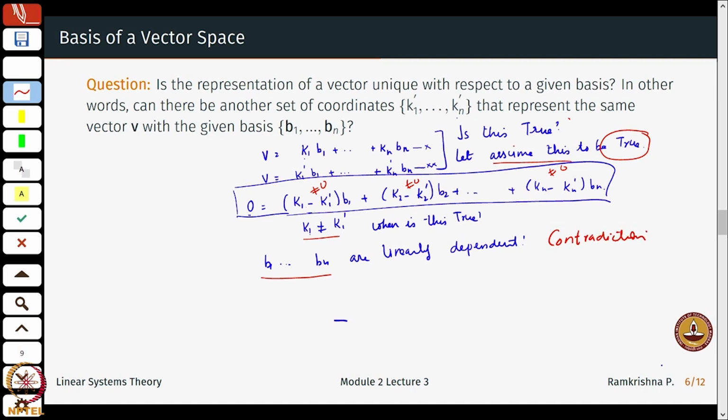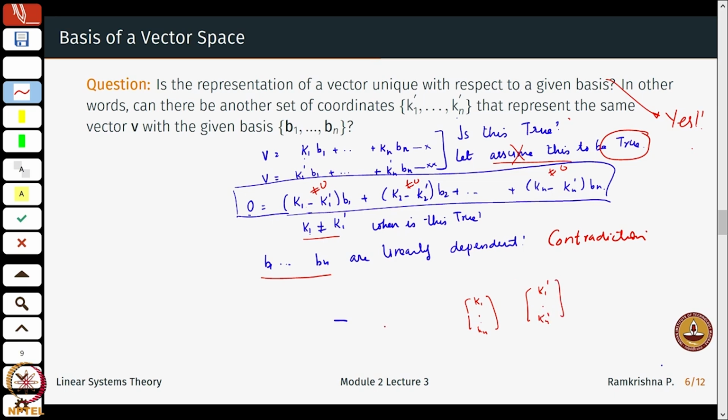Therefore, I cannot assume this to be true, because then it violates the definition of basis. So is the representation of a vector unique with respect to a given basis? Well, the answer is yes, it is unique. I cannot have a vector representation k1 till kn and the same vector being represented by say k1 prime till kn prime with the same set of bases.